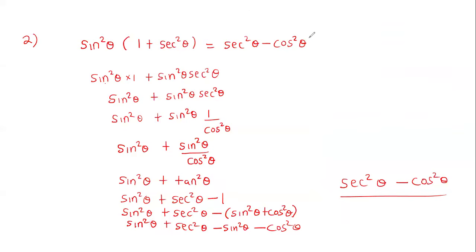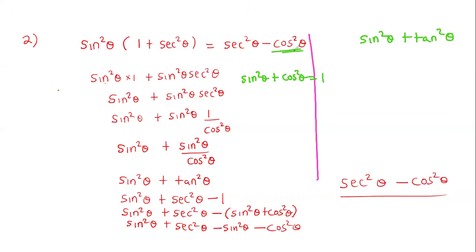Now the second approach, for those who want the second approach, remember we remained with sine squared theta plus tan squared theta. So someone is asking, is it possible if you express your sine squared theta in terms of cos? So remember, members, we know that sine squared theta plus cos squared theta is equal to 1.